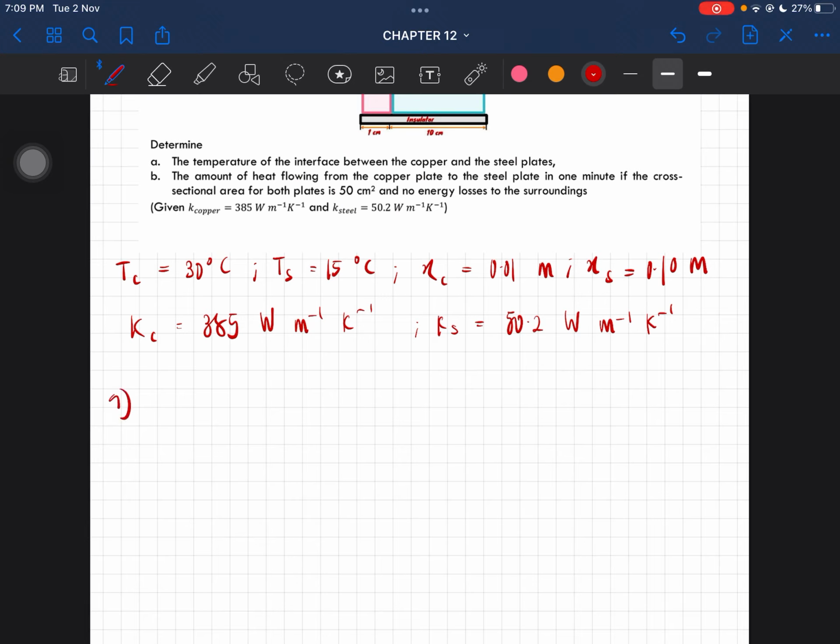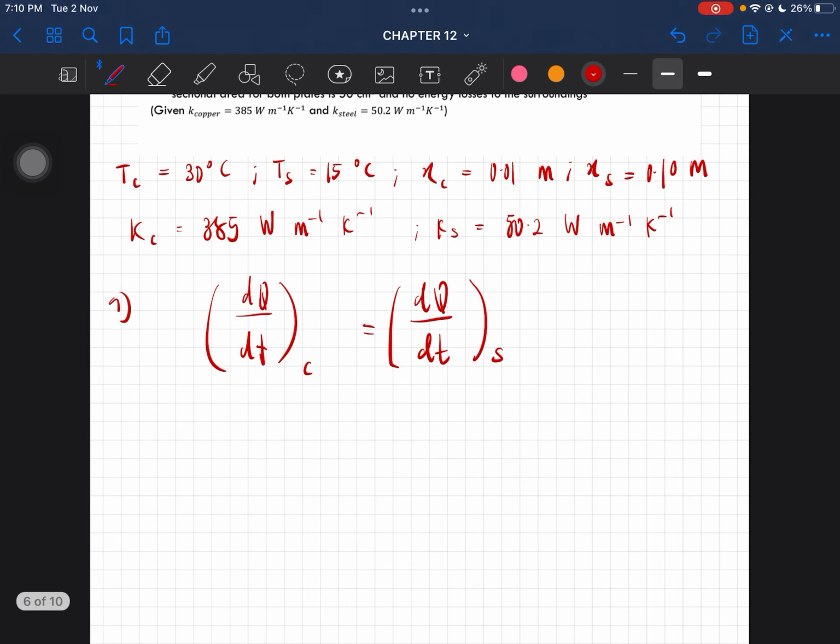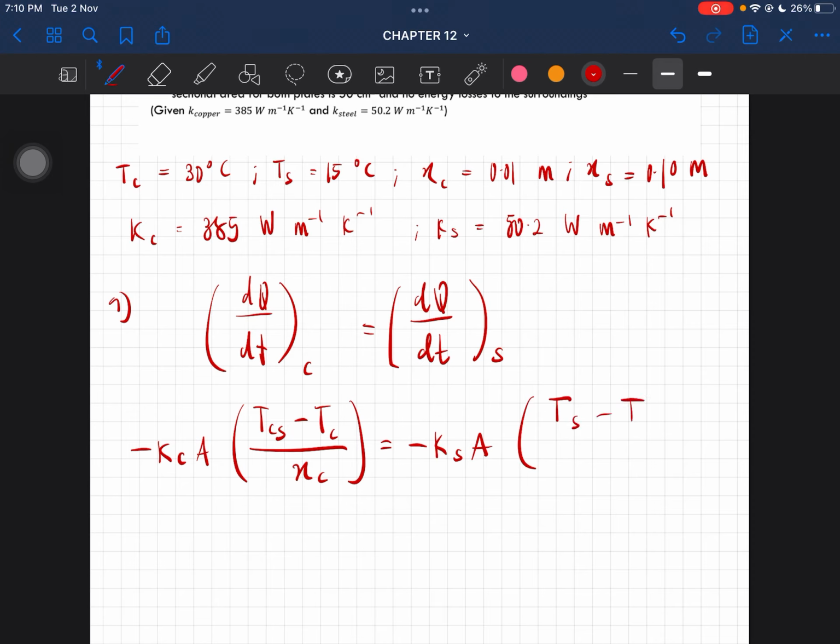Alright, so when both rods are in steady state condition, we know that the rate of heat flow for the copper will be equal to the rate of heat flow for the steel plate as well. Okay, so since we have that concept, we then can write this equation here: negative K steel A, Ts minus Tcs, over Xs.